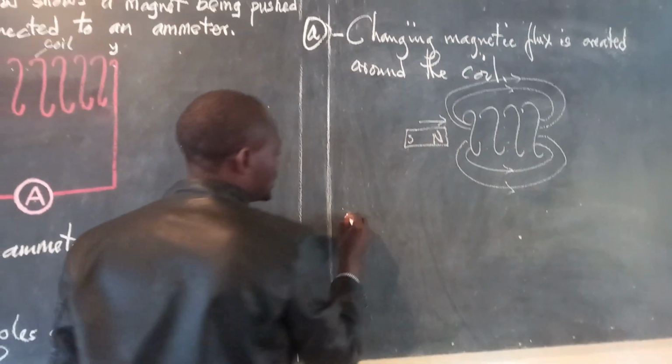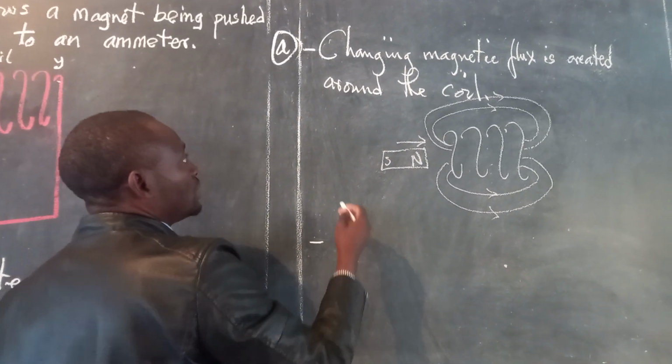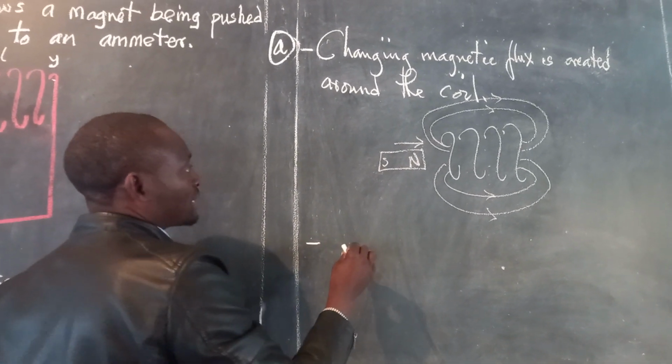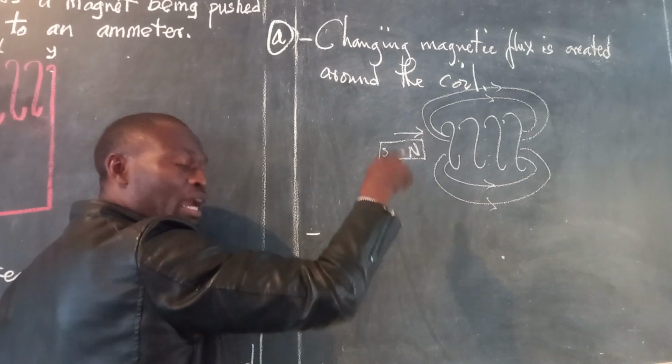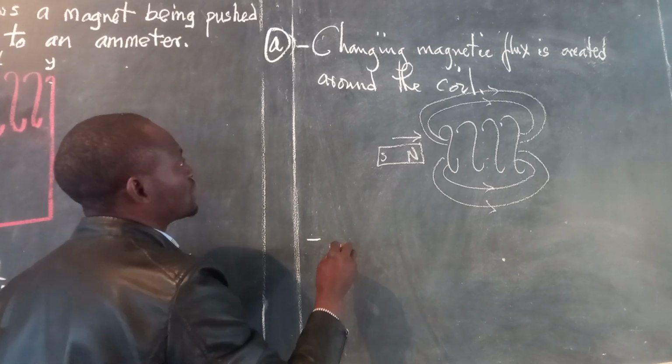So the changing magnetic flux, we are saying changing magnetic flux created around the coil induces electromotive force.